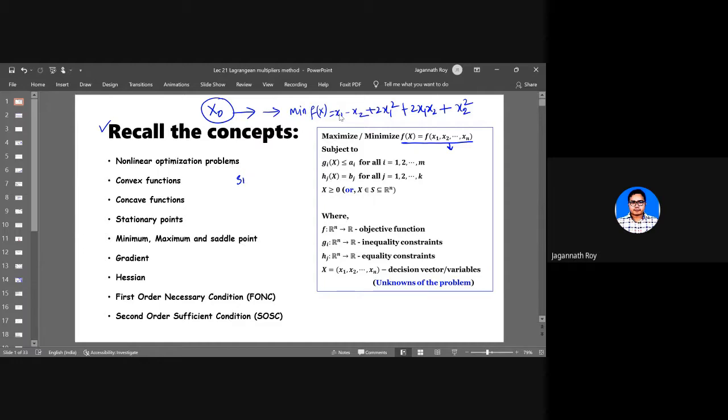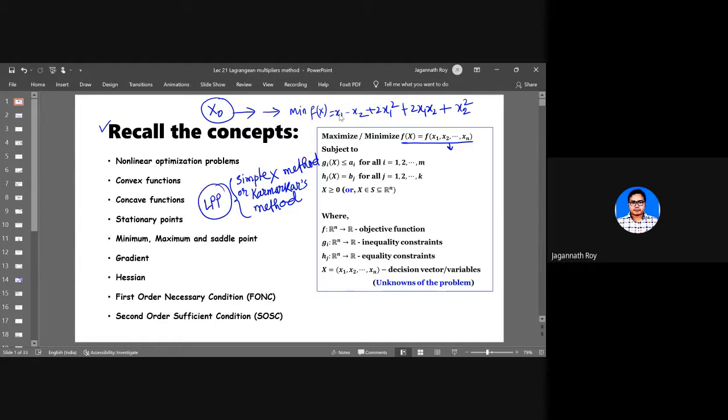But only if they are linear will the simplex or Karmarkar's method be applicable, just like LPP.